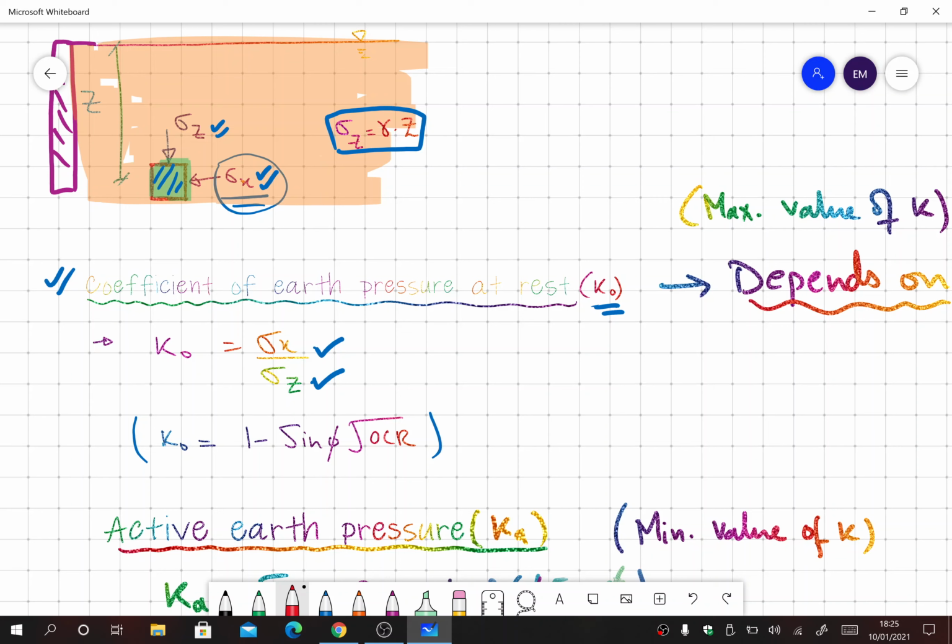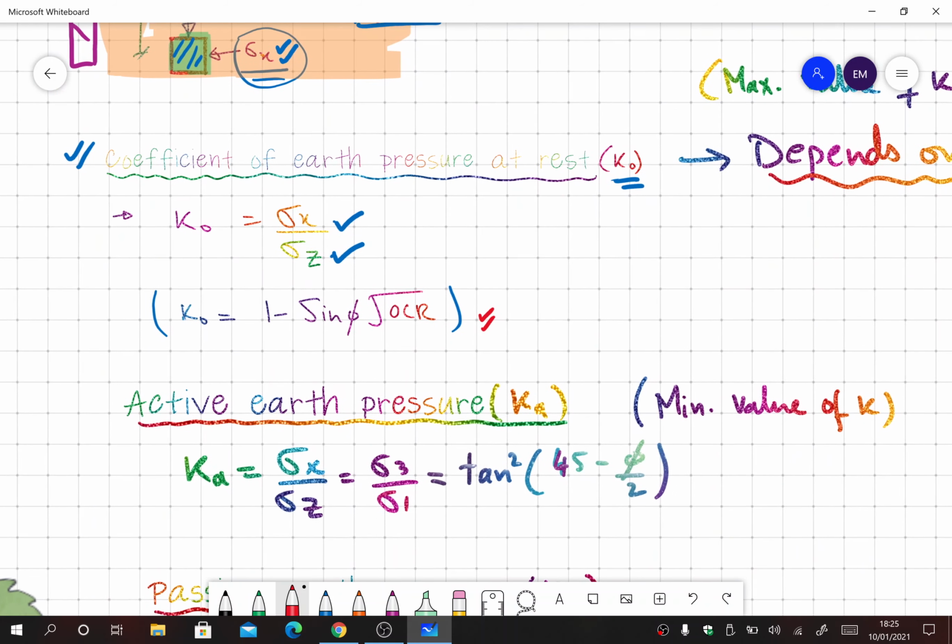So in that condition it is simply equal to horizontal stress over vertical stress, and we can find K naught using a certain formula, 1 minus sine phi into root OCR. OCR is the over consolidation ratio. If you have a normally consolidated soil, you have an OCR of 1, and if it's a sandy soil, naturally it remains 1. So you only have to plug in the value of phi. In this way you can find out the K naught value.